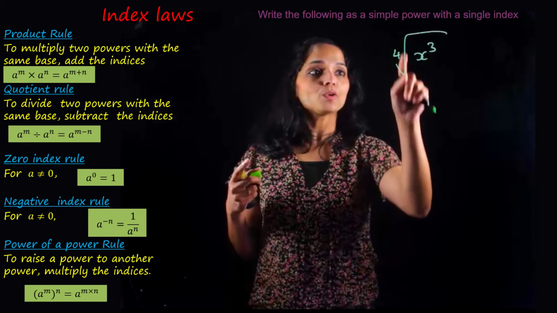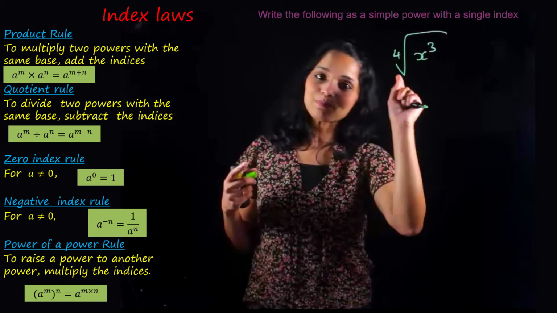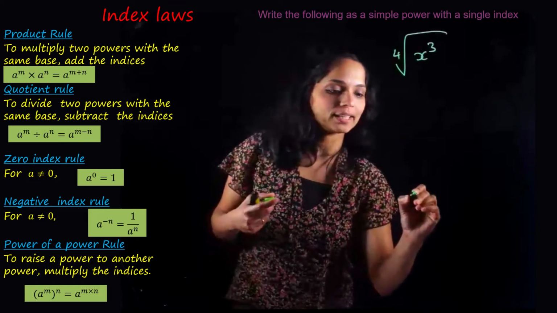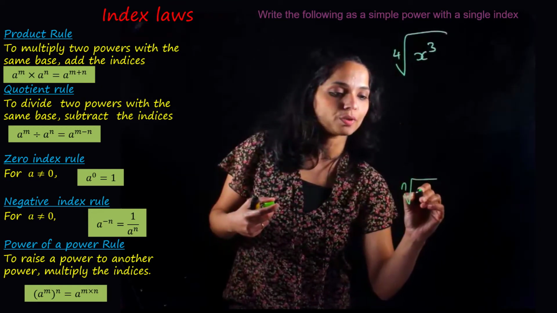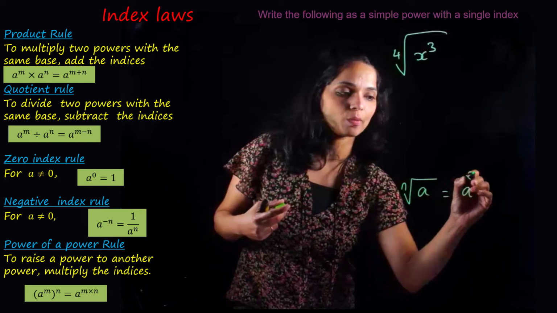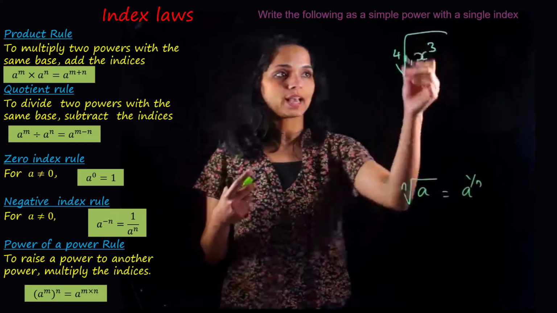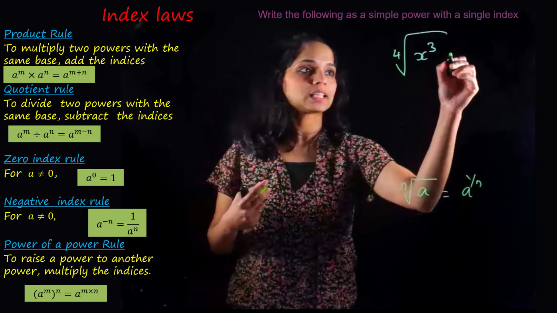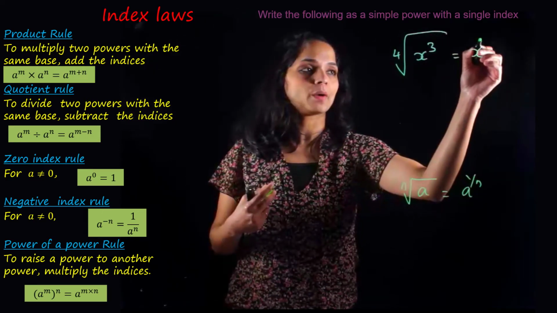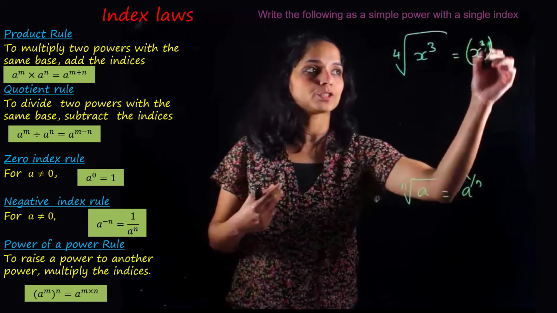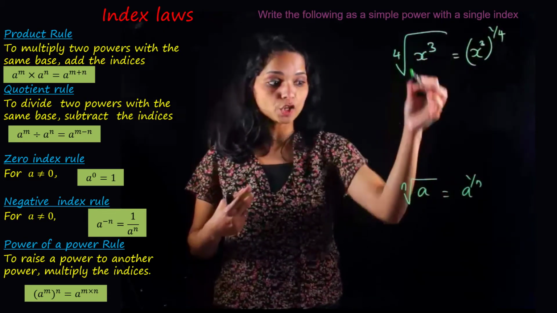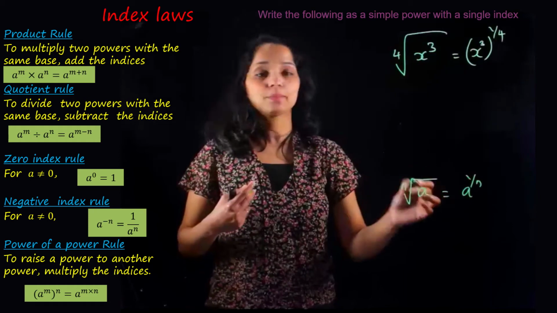Now let's do one more question. Write the fourth root of x cube as a simple power having a single index. We already know that the nth root of a is a to the power 1 on n. So the fourth root of x cube can be written as x to the power 3, whole to the power 1 on 4, because we have x cube in place of a.